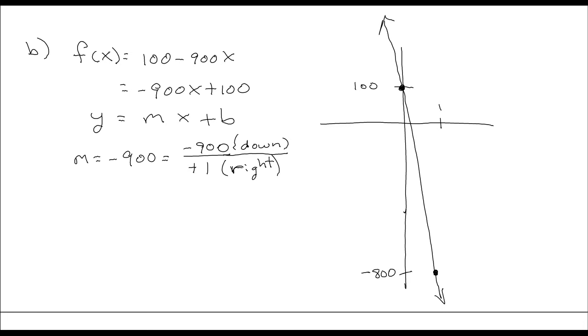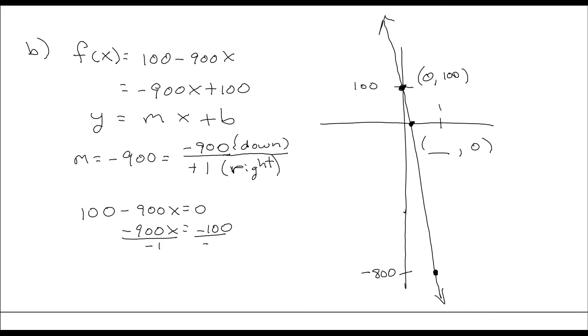Now here's my y-intercept, 0, 100, and here somewhere, I still need to calculate this, will be the x-intercept, which is when the y value is 0. So I need to figure out the x value given that the y value will be 0. So I need to take the 100 minus 900x and set it equal to 0, subtract the 100 to the other side, divide both sides by a negative 1, so 900x equals 100.